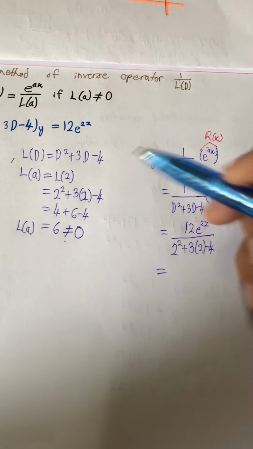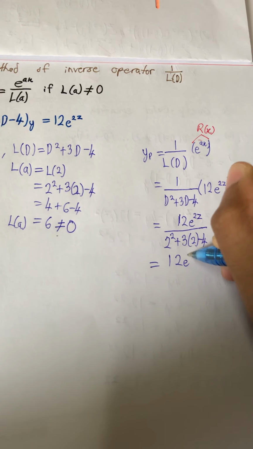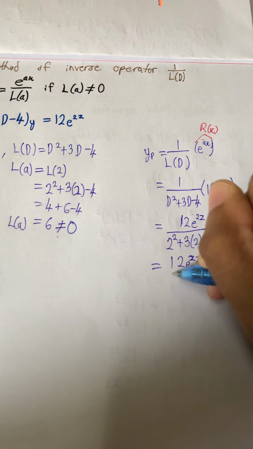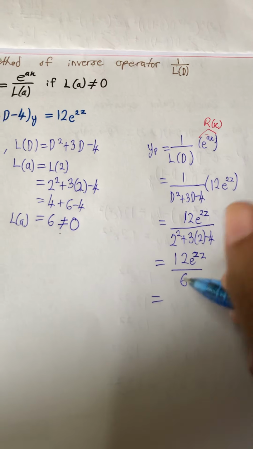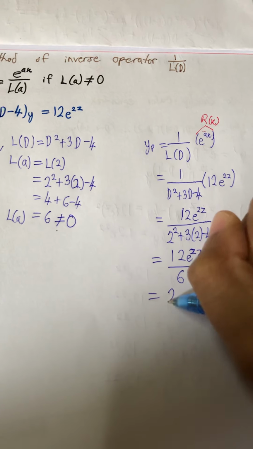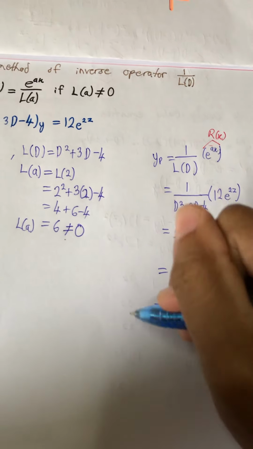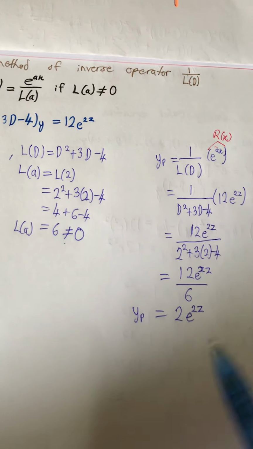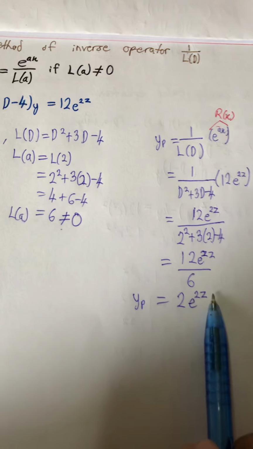We already calculated here that our L(a) is equal to 6. So 12 e to the power of 2z over 6. So 12 divided by 6 becomes 2 e to the power of 2z. So here we get our yp equal to 2 e to the power of 2z.